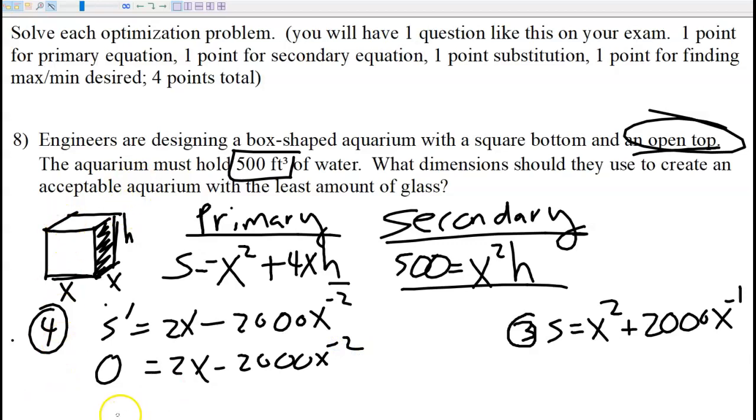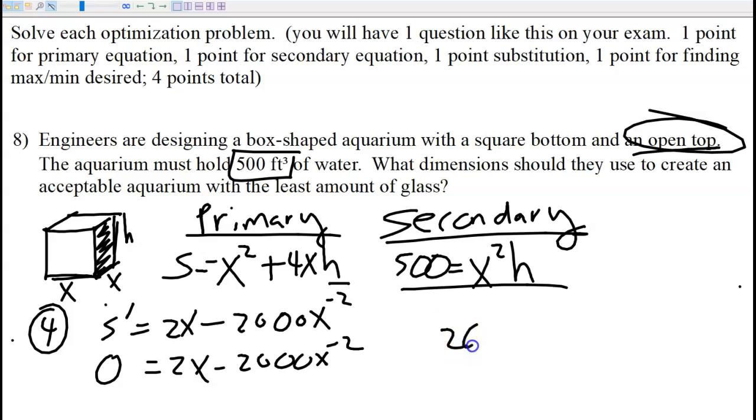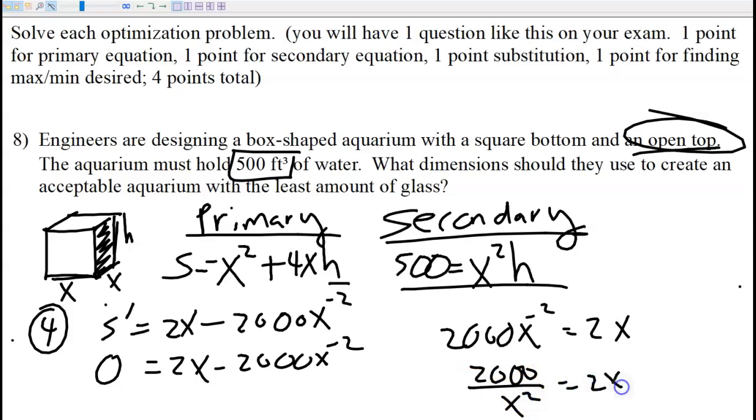I'm going to add 2,000 x to the negative 2 on both sides of the equation. So that way I get 2,000 x to the negative 2 equals 2x. It might also help if I rewrite this as 2,000 over x squared equals 2x. And then if I multiply both sides by the x squared, we can get that off the bottom.